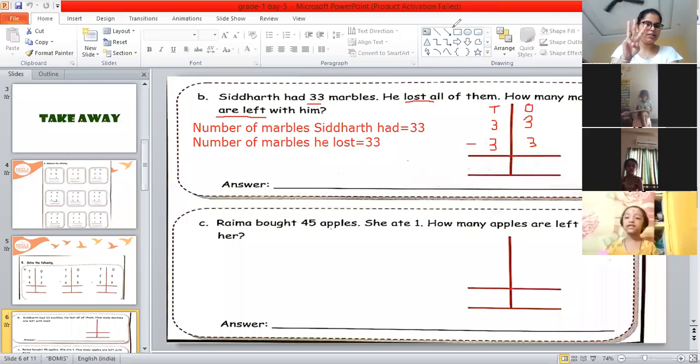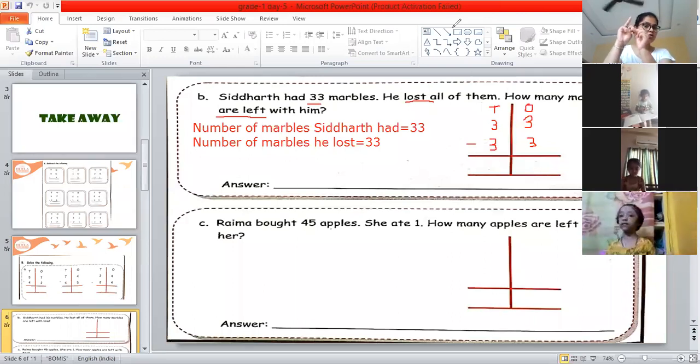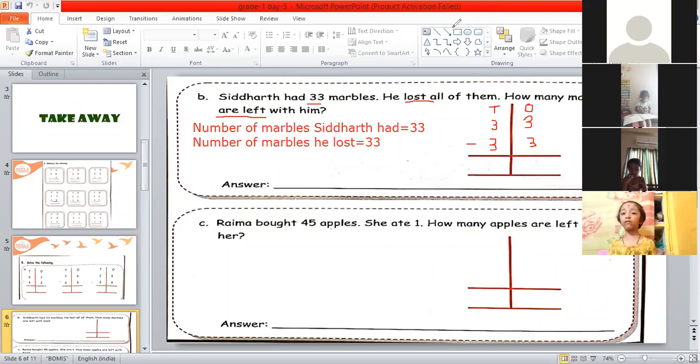These are 3 fingers, right? Show me your 3 fingers. Now from these 3 fingers, you have to remove 3 fingers. So 1, 2, 3. How many are left? 0. Yes, so 3 minus 3 is 0.